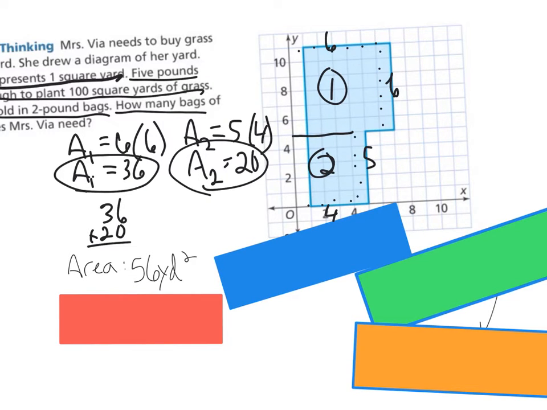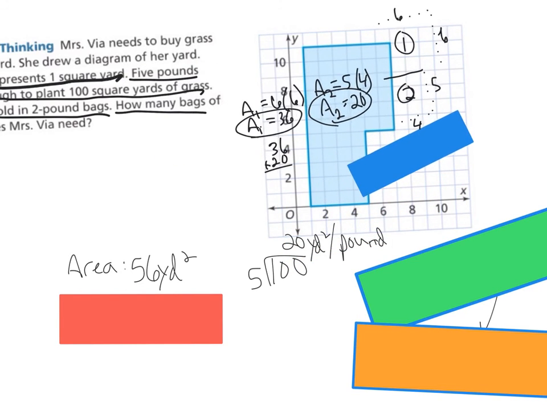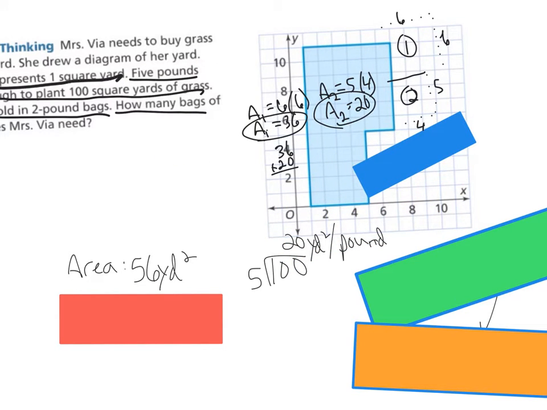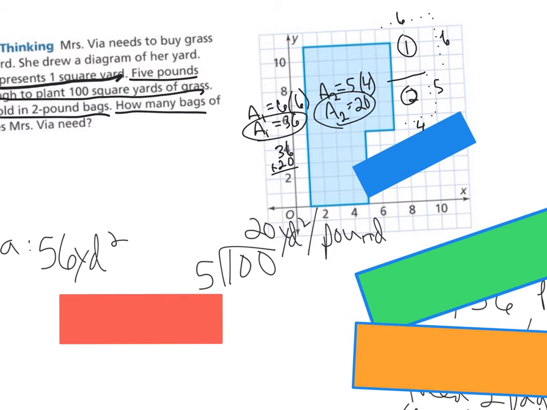So now that we know what our area is, now we can start looking at the seed part of things. So if we look at this, there was 100 square yards with a 5-pound bag. So if we take 100 divided by 5, that tells us that basically for every pound of seed we have, that would cover 20 square yards.